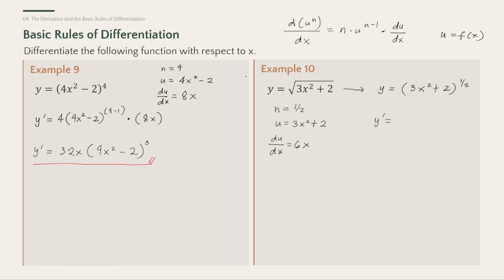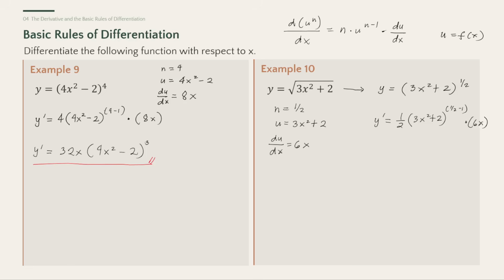So we have n is 1 half times u. u is 3x squared plus 2. Then we subtract 1 from 1 half, so 1 half minus 1, times the derivative, du/dx, so times 6x.